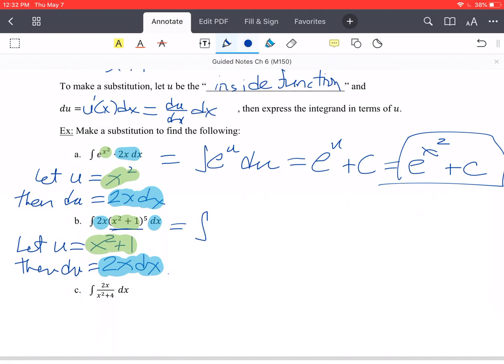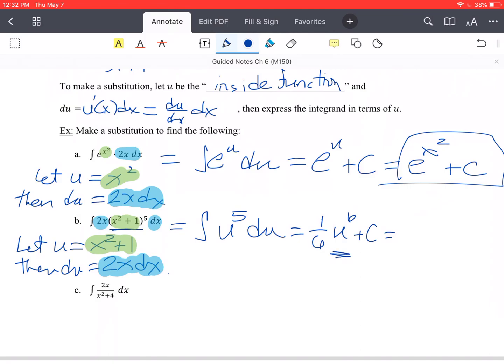So this leaves us with u to the 5th du, which is an integral that we can compute just by undoing the power rule. So this is going to be 1/6 u to the 6th plus c.